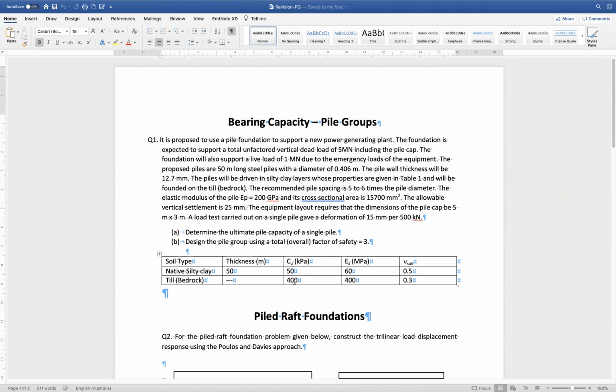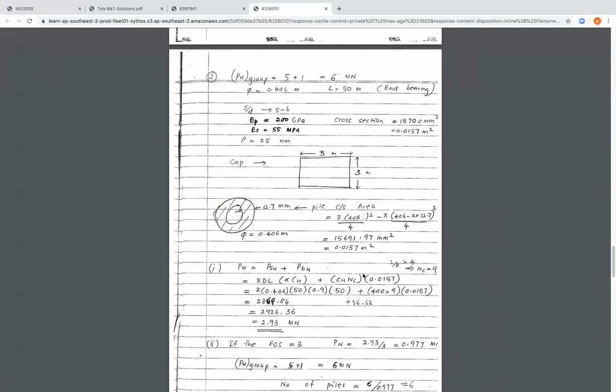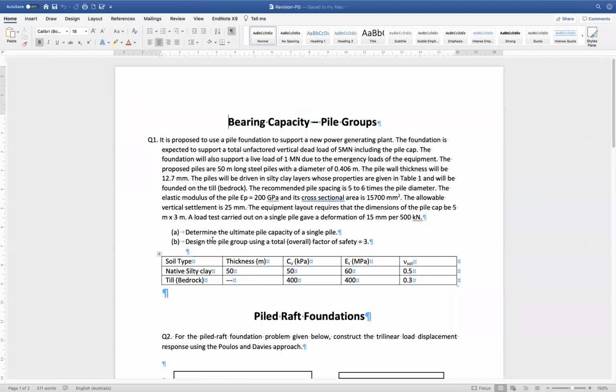So for the end bearing resistance formula, we need to use the undrained shear strength of the second soil here. So that's 400. 400 multiplied by the NC factor multiplied by the cross-sectional area of the pile gives us 2.93 mega Newton. So that's the first question, which is determining the ultimate pile capacity of the single pile.